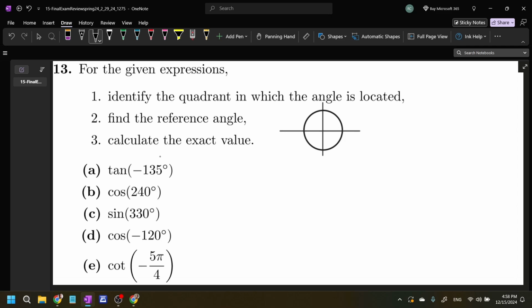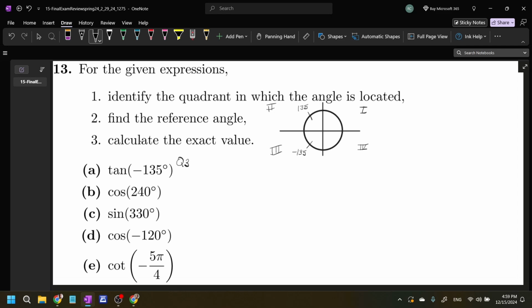Negative 135. Well, if this angle here is 135, then negative 135 is here. So this is definitely in quadrant 3, right? Remember our quadrants are labeled 1, 2, 3, and 4.